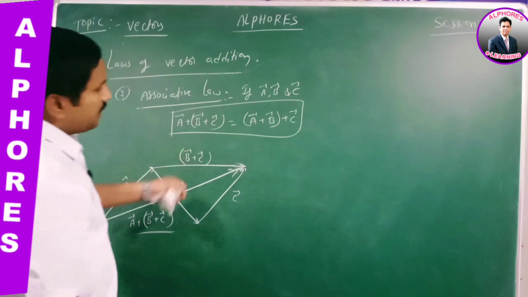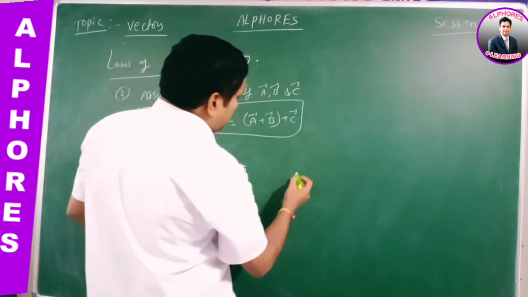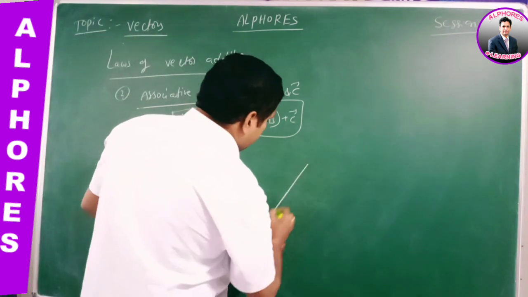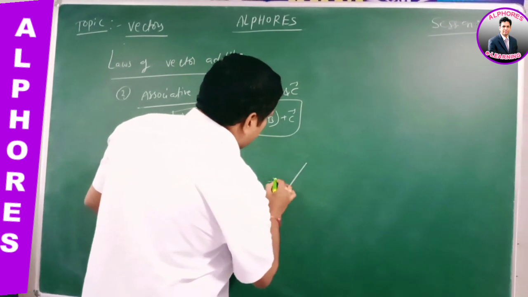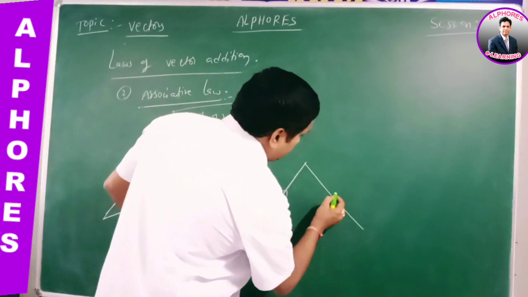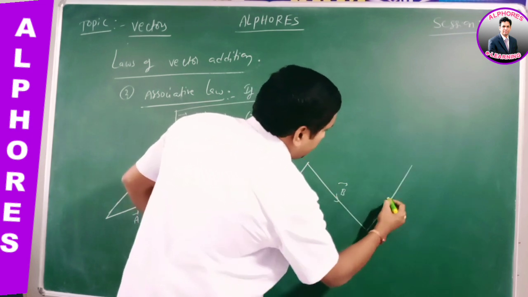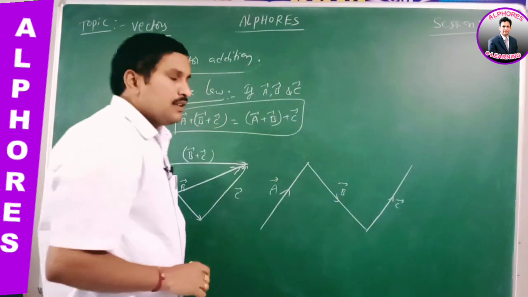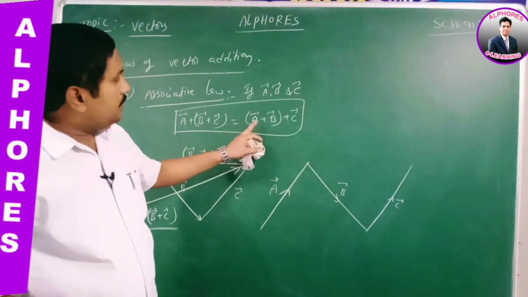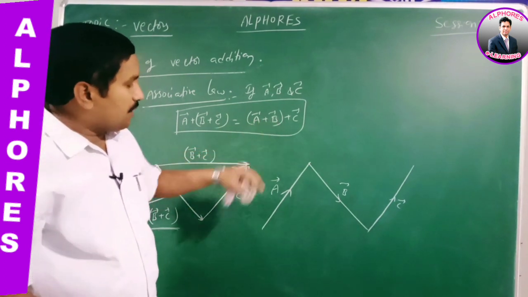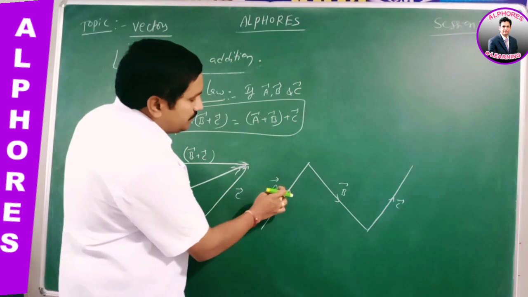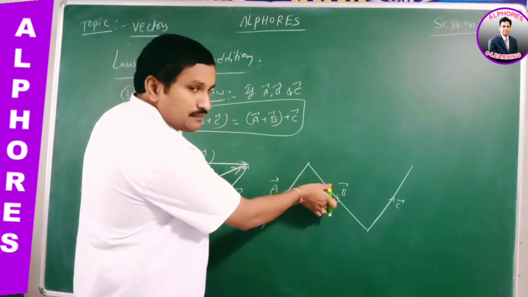Okay, now what is meant by RHS? Again the same thing. Here again this is a bar, this is b bar, and I am taking another vector c bar. Now in the RHS, first of all a bar plus b bar means the vector a bar added to b bar, and this is the resultant.